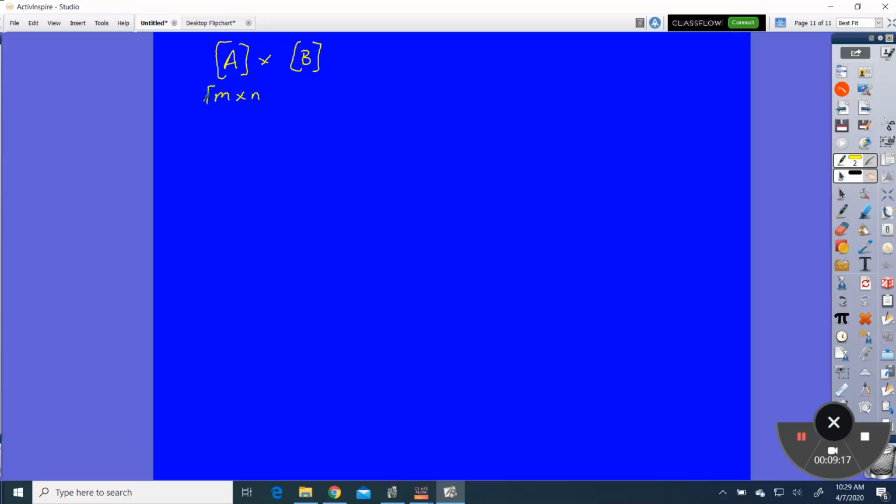If I am going to multiply matrix A with matrix B, B has to have the same number right here. It has to be this N. This can be something else. This could be Q for fun. But these two have to be the same.